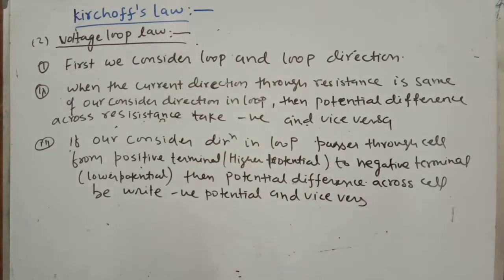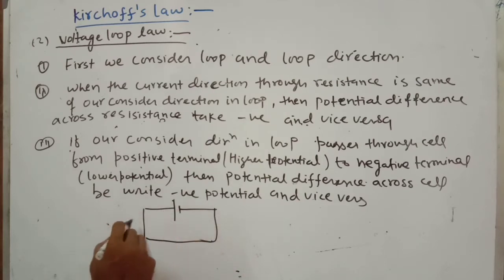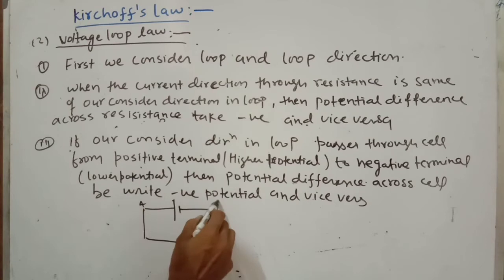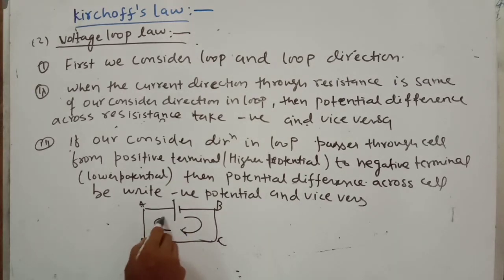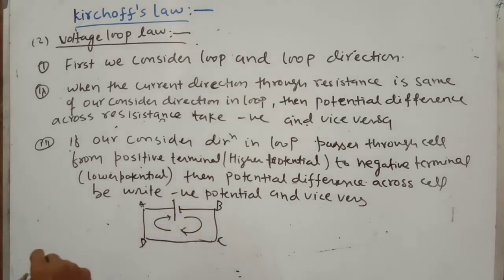Okay, and vice versa. So you can see in a diagram. Let me consider one cell in a loop. Let the loop name be A B C D A. So first consider the loop name and loop direction. We consider loop A B C D A and the loop direction is this one. Now you can see your loop direction goes from positive plate to negative plate.